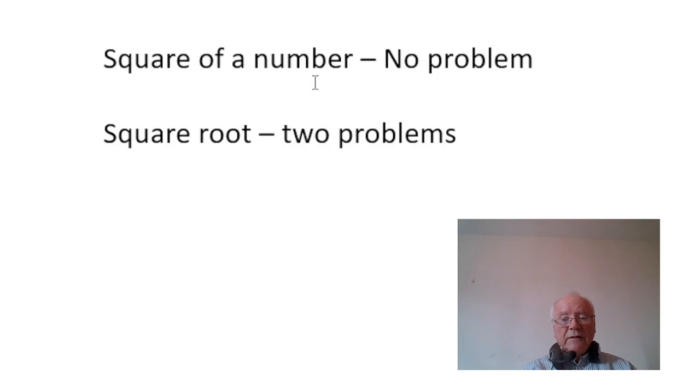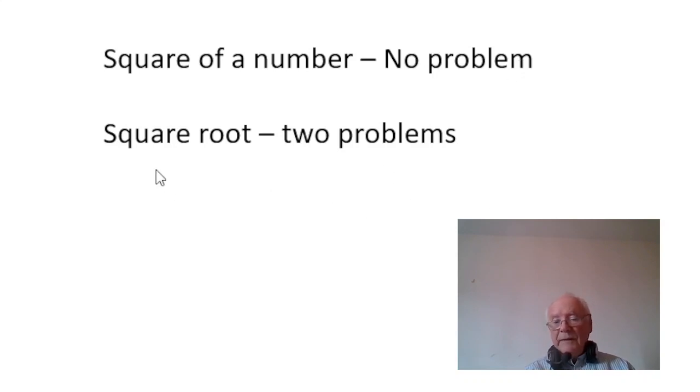We can also look at squares, the square of a number, again, no problem. If you take the square of a Z number or even a quotient number, you'll end up with a quotient number.